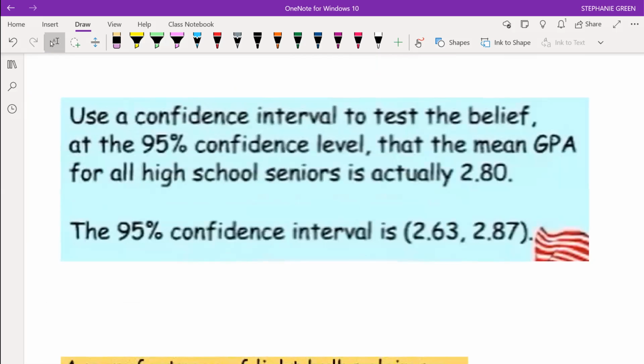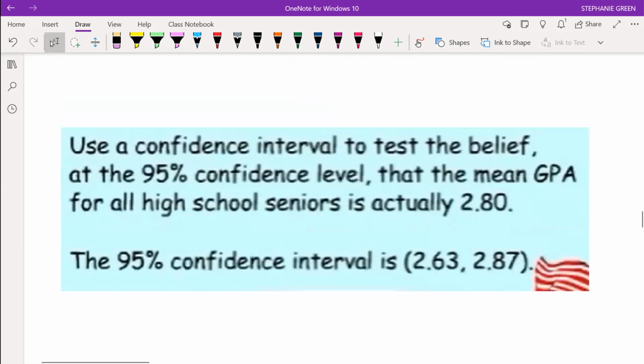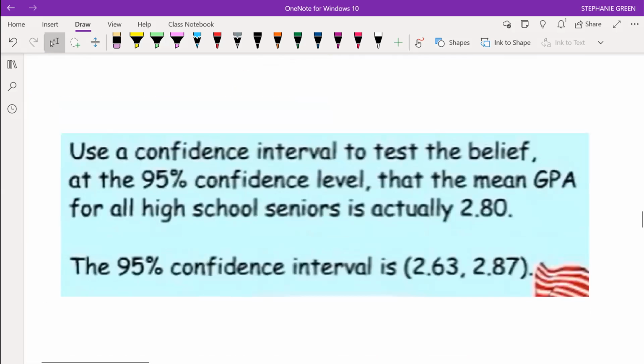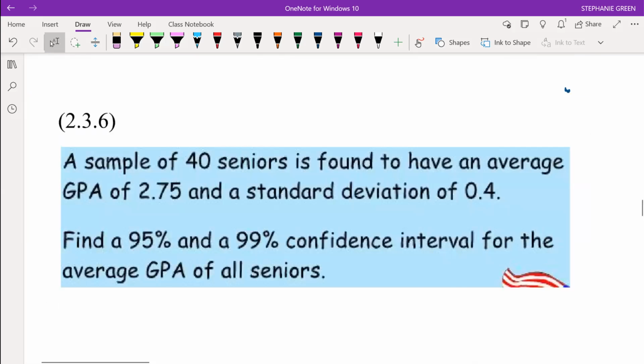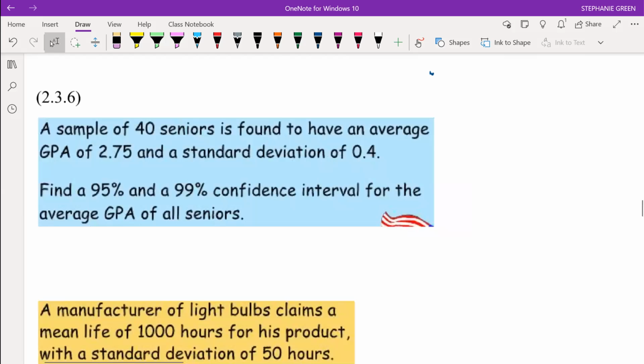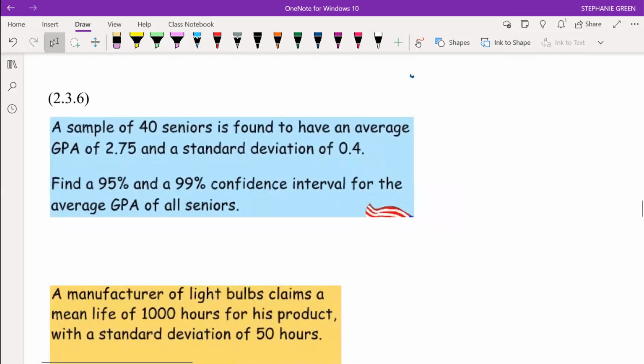Okay, so we can do this problem using a hypothesis test or a significance test. But here we're going to show you the confidence interval does the same thing. So let's start by calculating the confidence interval, just like we've done before. So we'll do both. They ask for both. So I'll start with 95%.